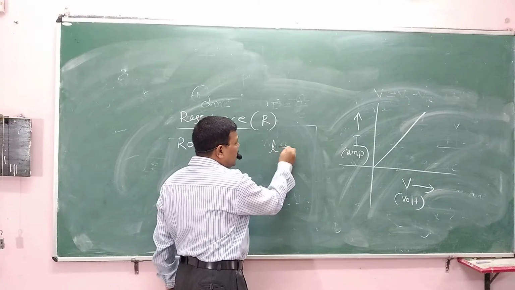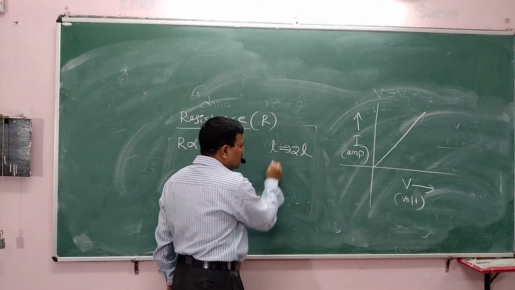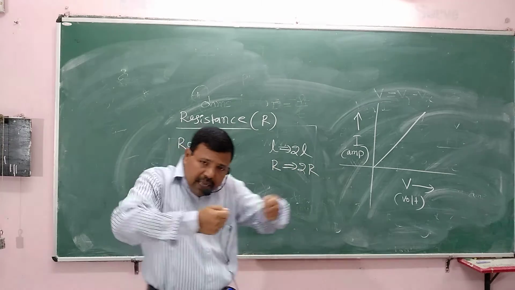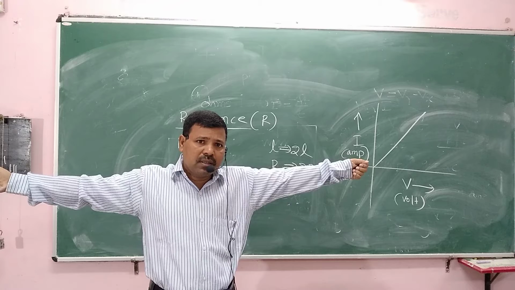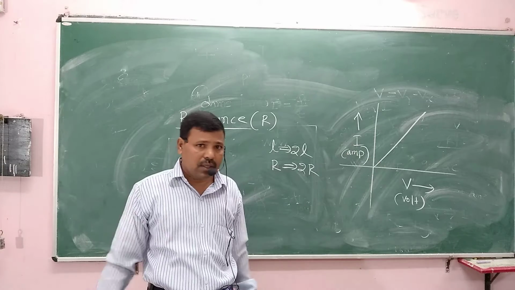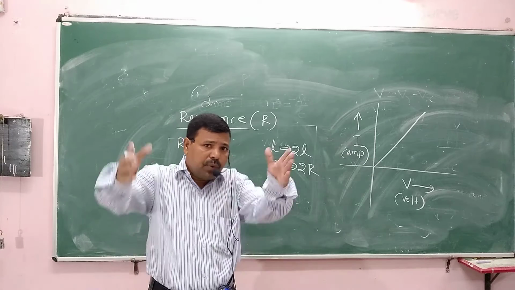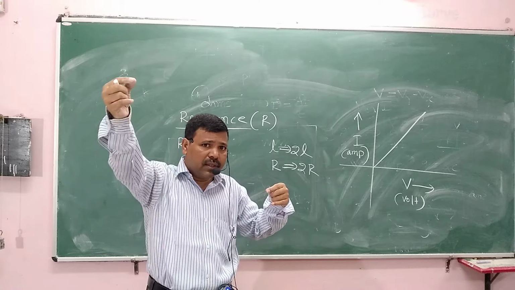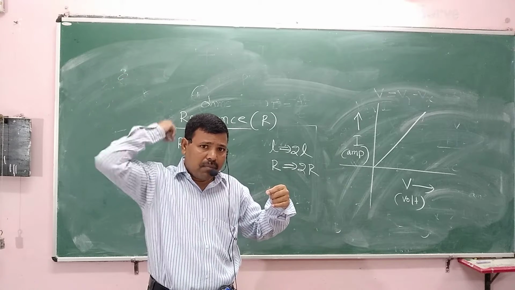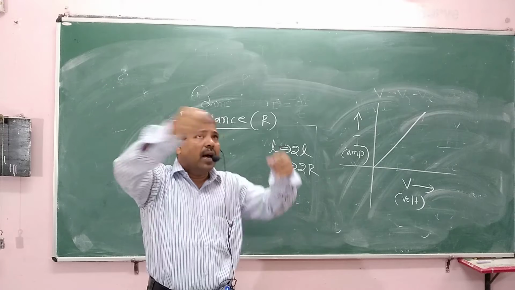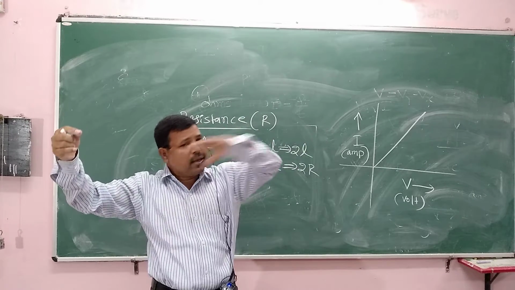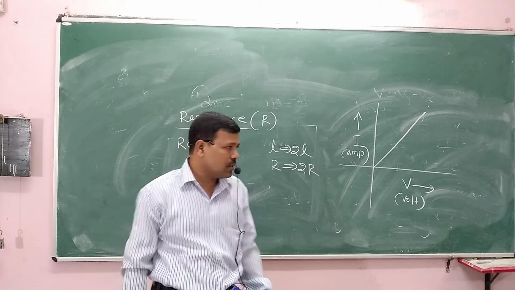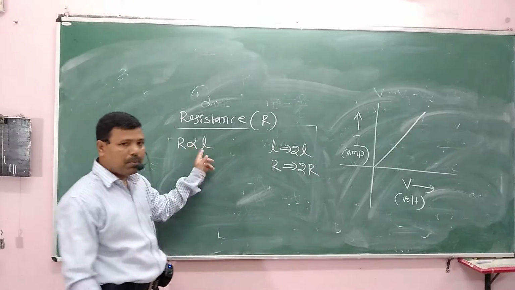If L becomes 2L, then R becomes 2R. As we have seen in electricity transmission wires and power lines, as the length of the wire increases, the resistance of the wire increases. So R is proportional to L.